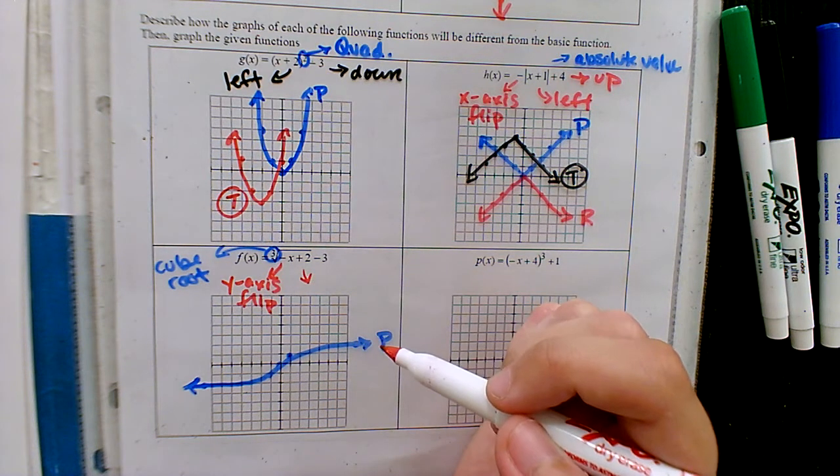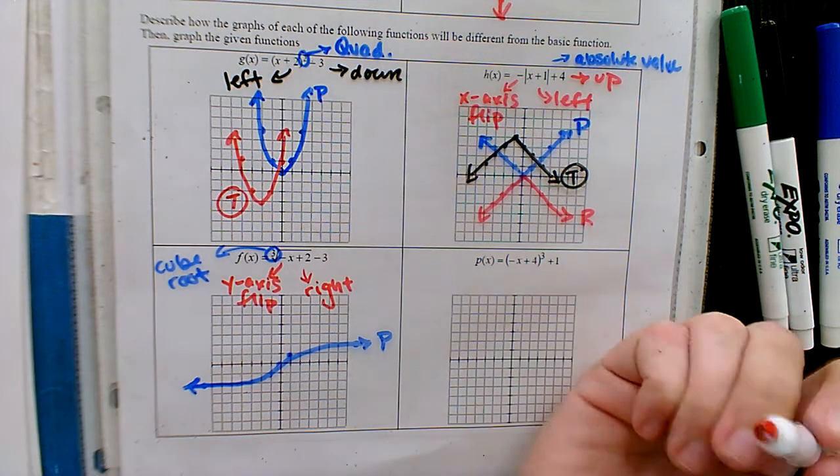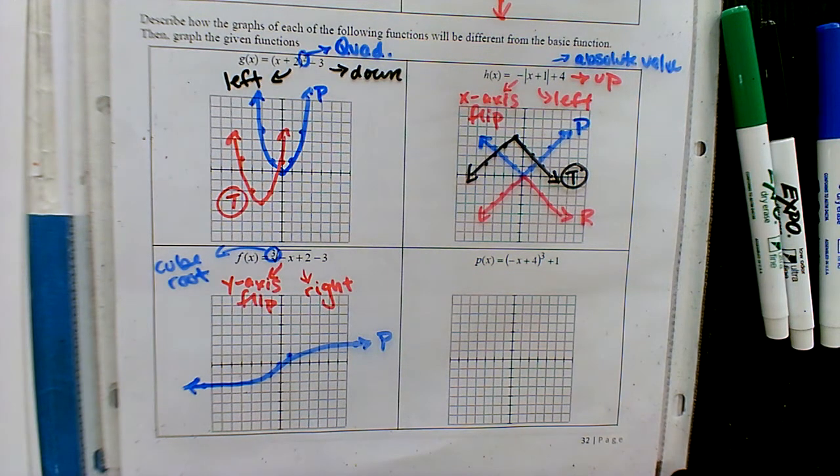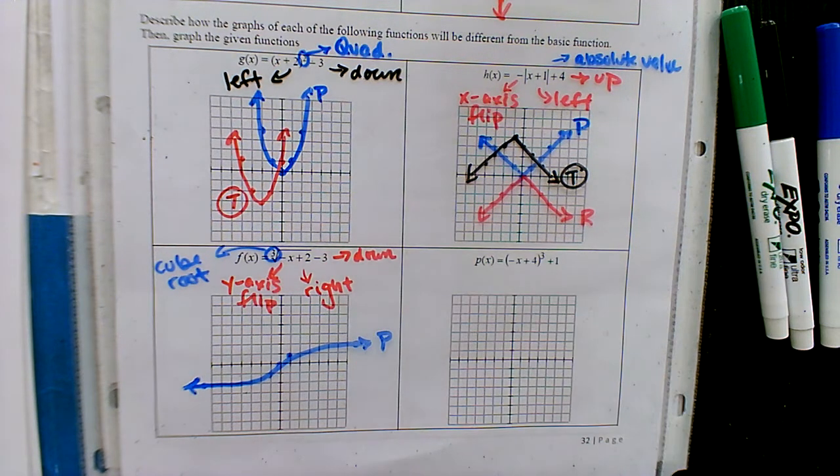You would think. Oh, because it flips to the right. Mm-hmm. This one's to the right, because the negative in front of the x is there. Last one? Down 3, good. All right, I think we're good.